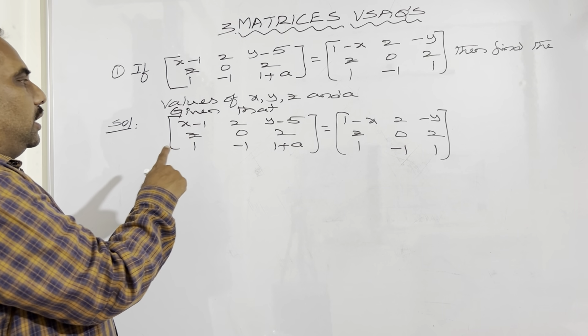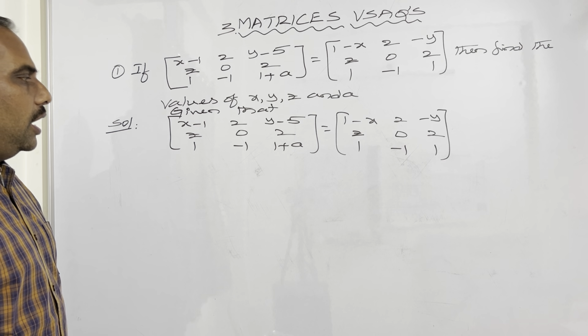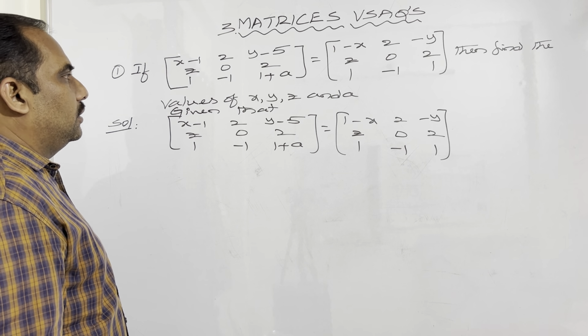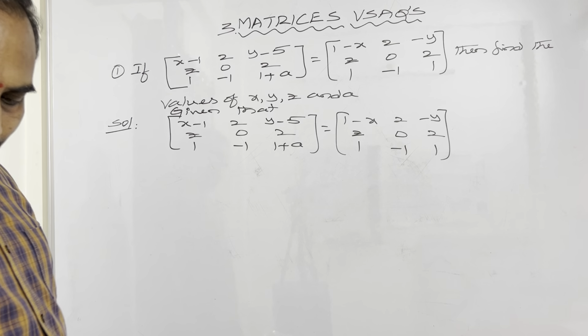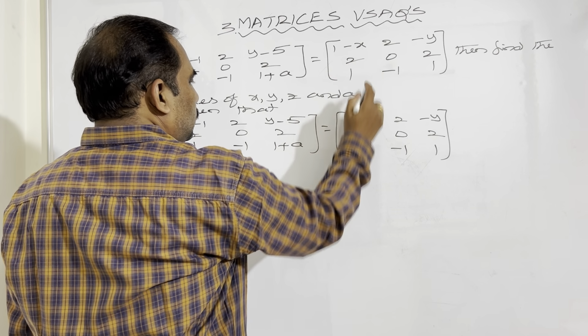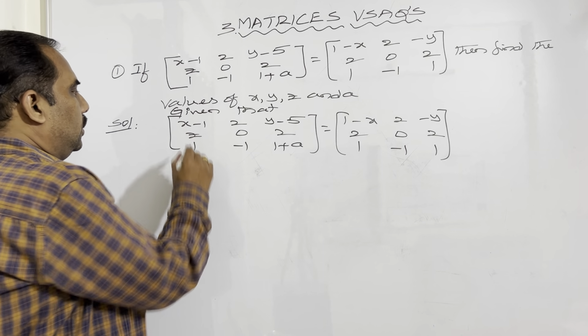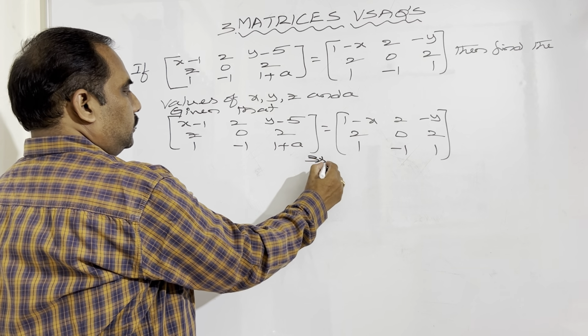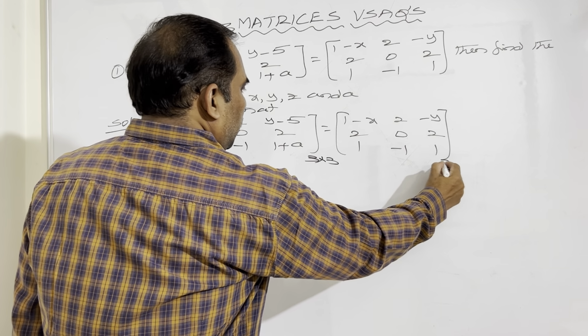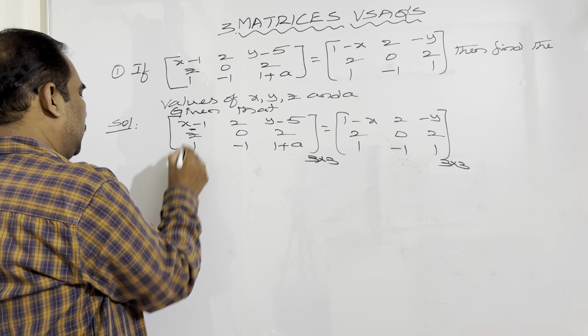We have to find the x, y, z and a values. Observe that both are 3 by 3 matrices, so the corresponding elements are equal.